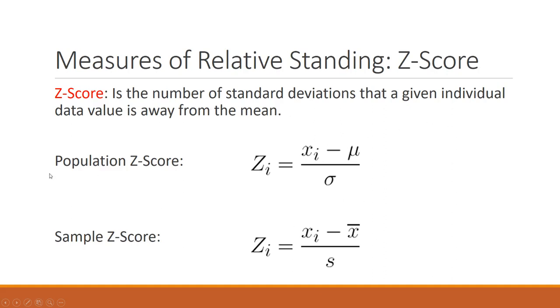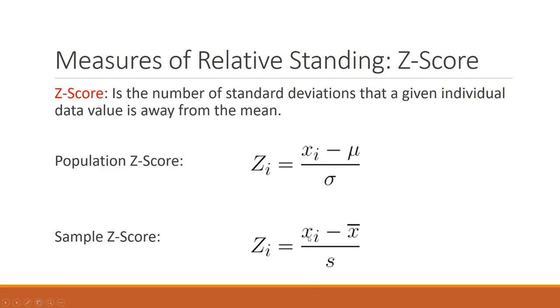And here are the equations. We can have a population Z-score, or we can have a sample Z-score. Again, this is a measurement of how far away a particular value is from the mean, measured in units of standard deviations. Okay, so let's take a look at how it's calculated. Let's focus here on the sample, because that's what we're always working with.